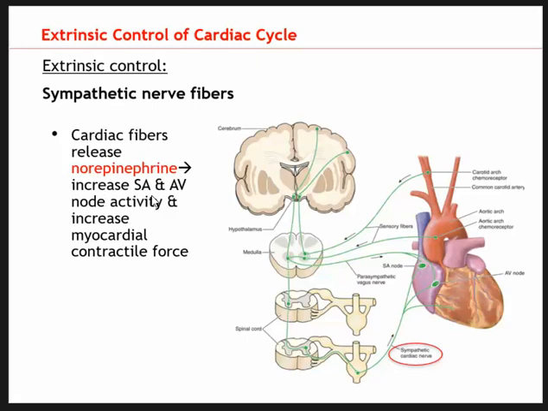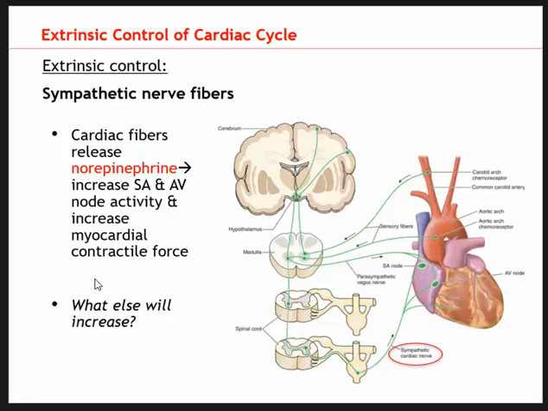And when the activity of those nodes increases, the cardiac cycle also increases. In that case, the myocardial contractile force will be greater. What that means is just the contractile strength of the heart. So when we have an increase in norepinephrine and the AV and SA node, what else will increase?